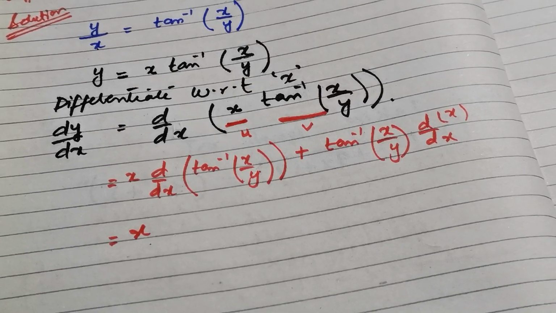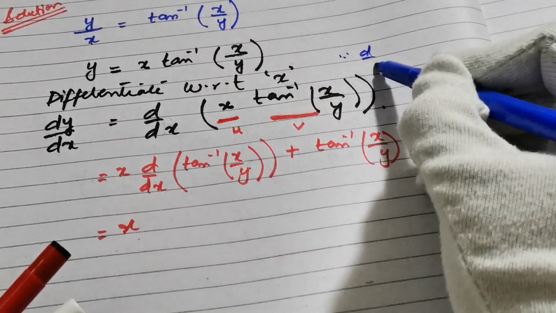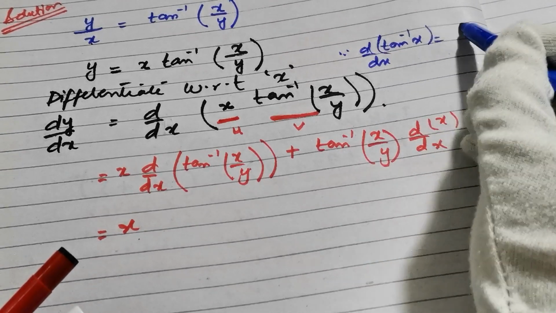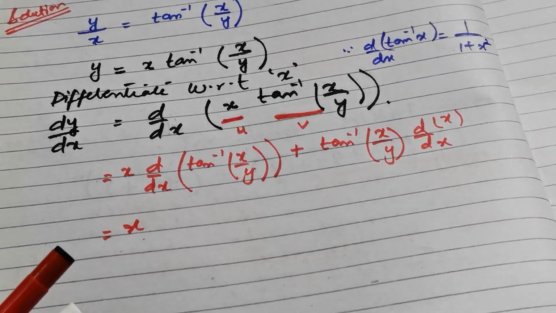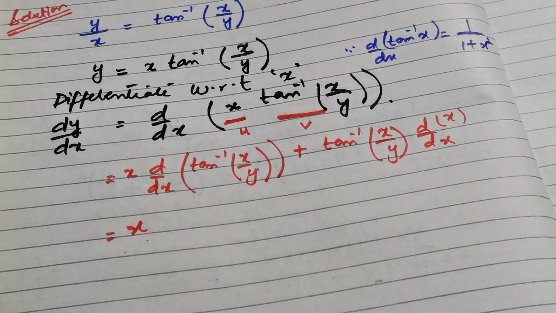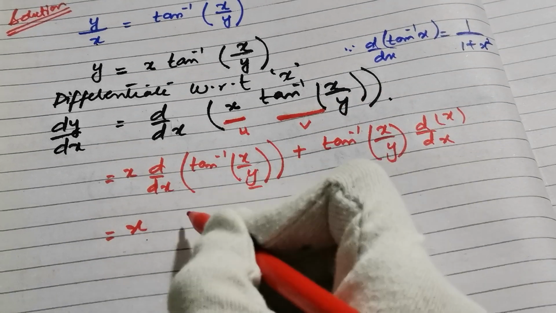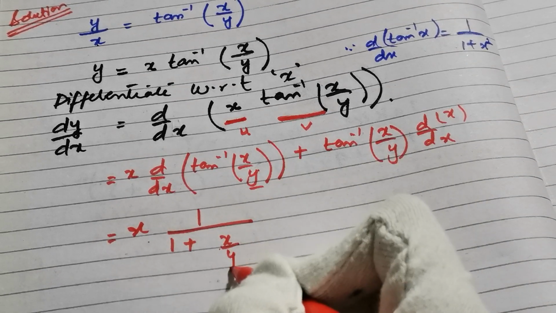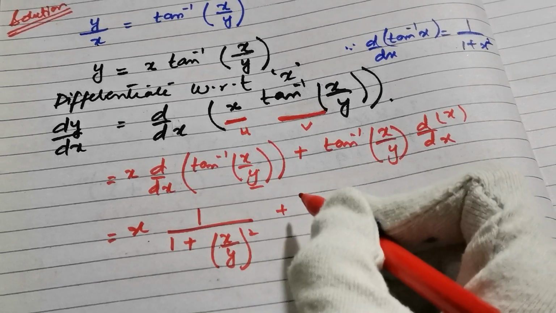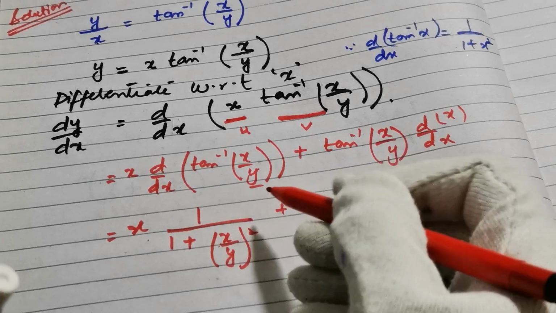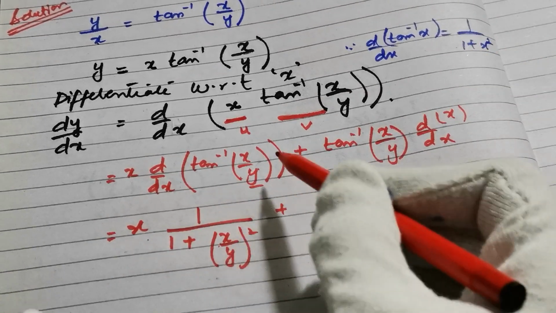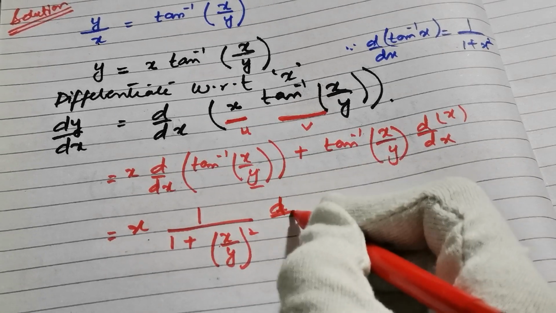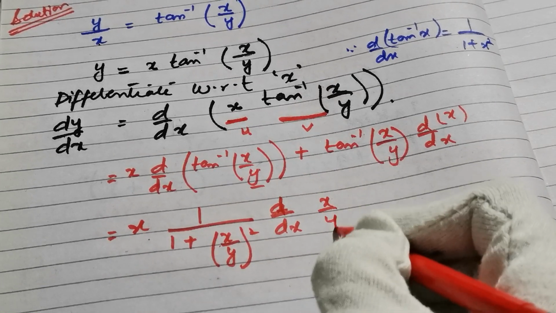As you know, the derivative of tan inverse of x is equal to 1 by 1 plus x square. So here the x is x by y, so 1 by 1 plus x by y whole square. Now we see that this is not simple x, so we will again differentiate x by y.